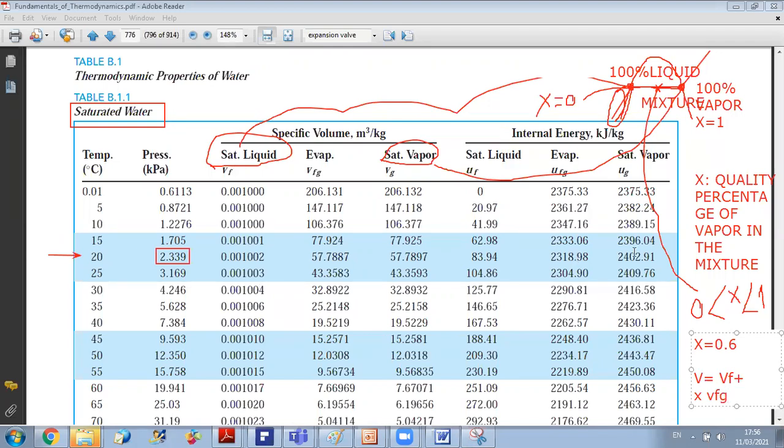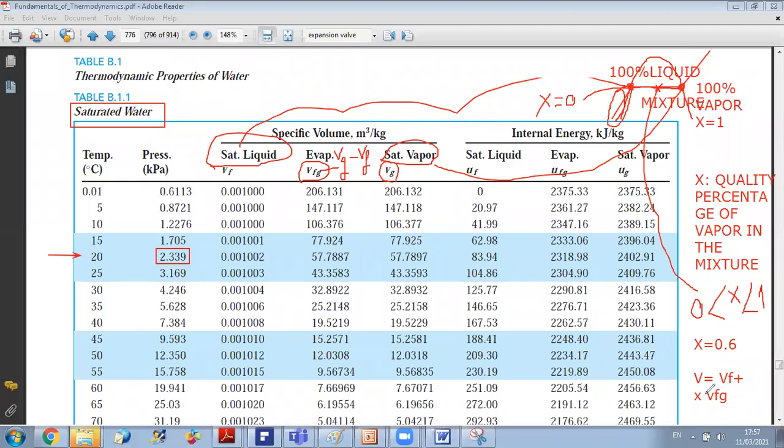VG is the state at saturated vapor. VFG is the difference between them. So VFG is simply VG minus VF.